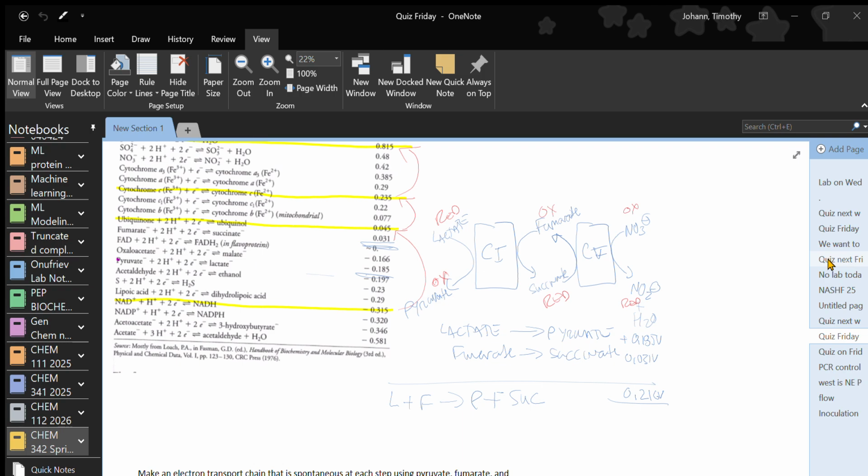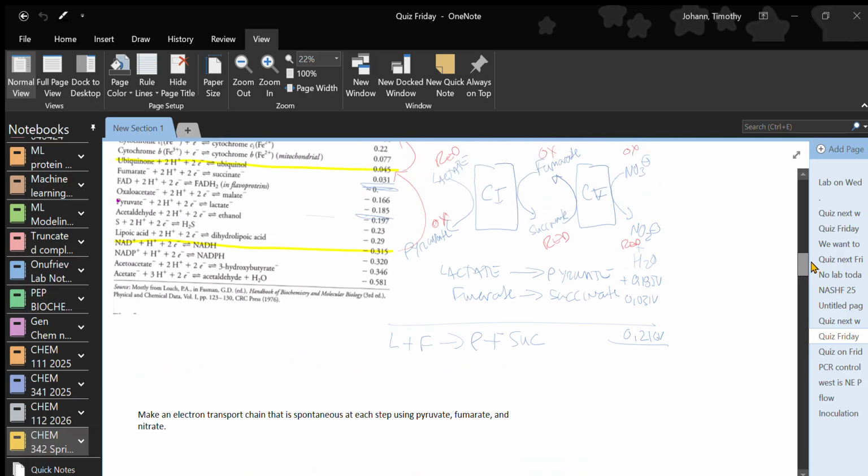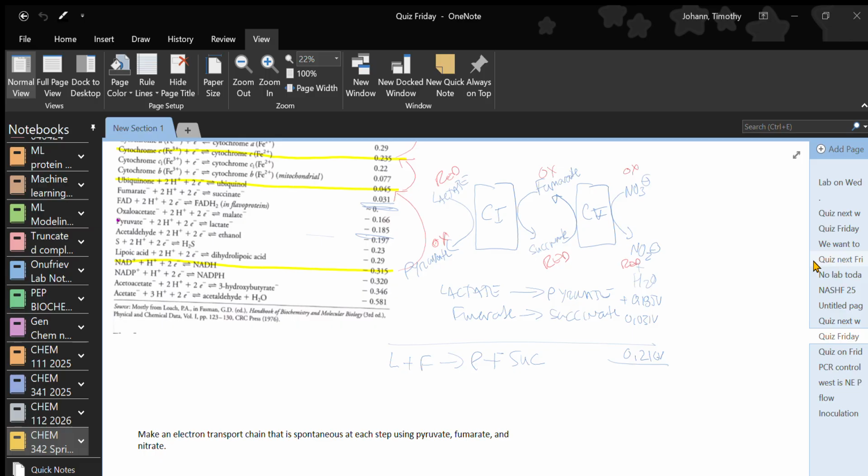This was making the electron transport spontaneous at each step, and I may have just been showing you how we do it where we don't just use the ends. Because if I just use the ends, then you wouldn't ever look at each step. But you can calculate the potential change for this and for that, right? But if somebody asks you for the whole thing, you just need to use the ends.